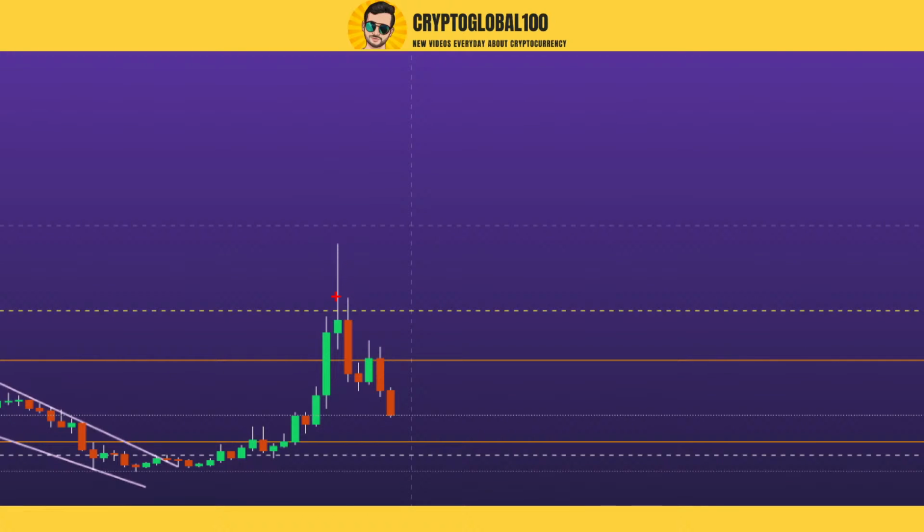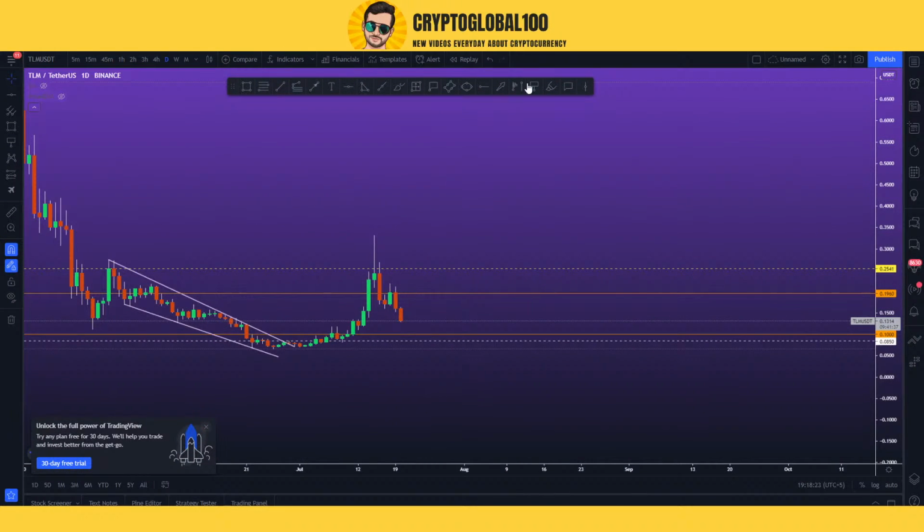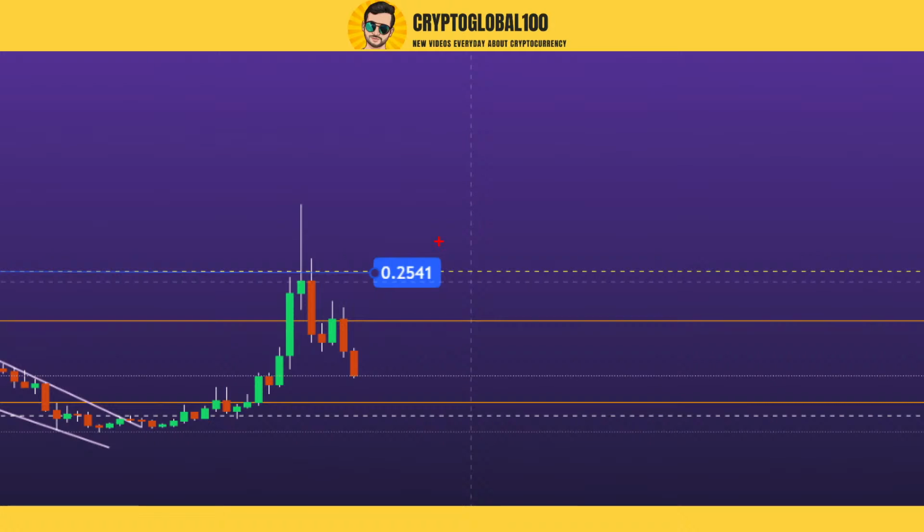You see, the price tried to break this level, but unfortunately a large amount of supply caused the price to dump, and that happened. Let me show you this one, guys. Just keep an eye on this level. If this level gets broken, 0.2541, in the future, then we would be going on the upside.